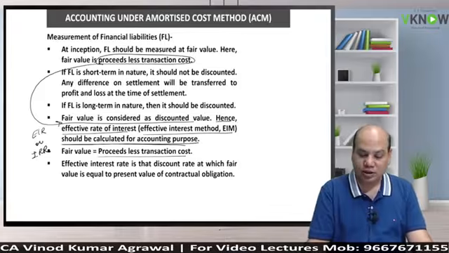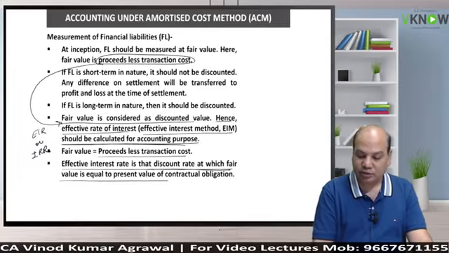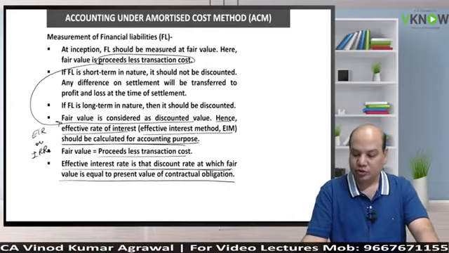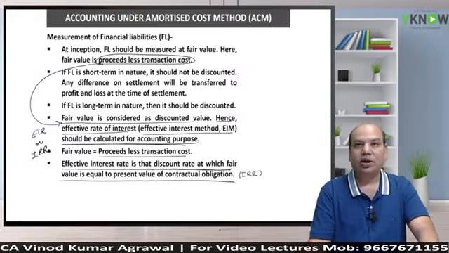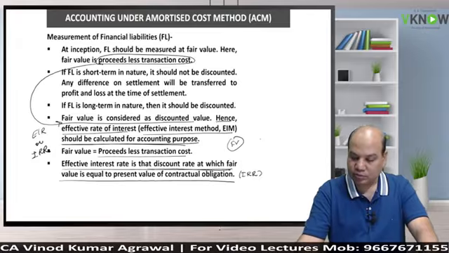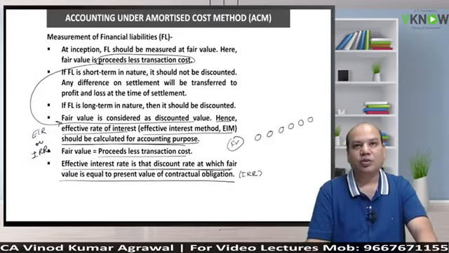And second, effective interest rate means IRR, that rate of discount at which fair value is equal to the present value of the contractual obligation. So it is what we call in financial management language IRR. You have fair value today, you have future cash flows, contractual obligation.